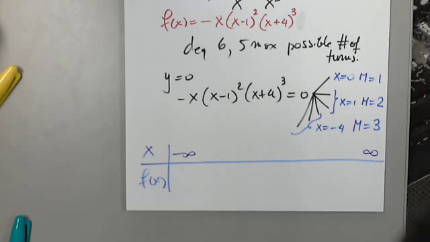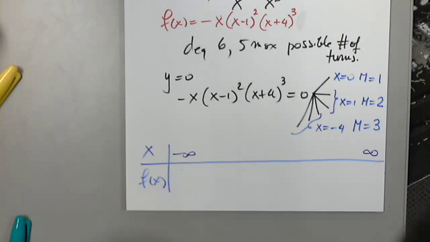I saw it once or twice. They graphed a polynomial function, and then they put in the middle some vertical asymptote. Doesn't make any sense, right? Because vertical asymptotes are characteristic to what type of function? Not polynomial, but rational. Rational functions have asymptotes, not polynomial. Is that clear? Okay, perfect.